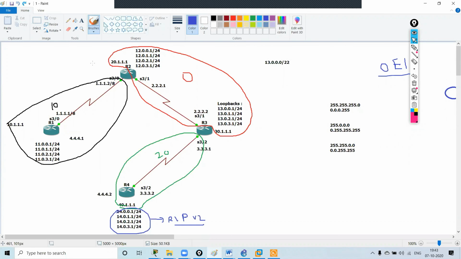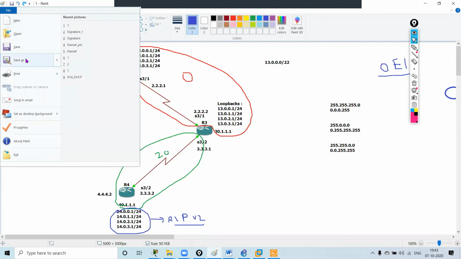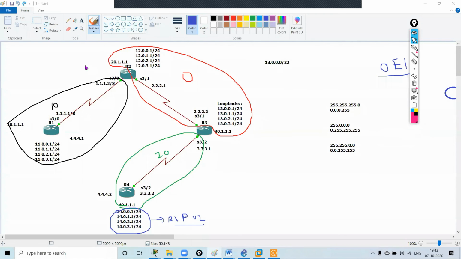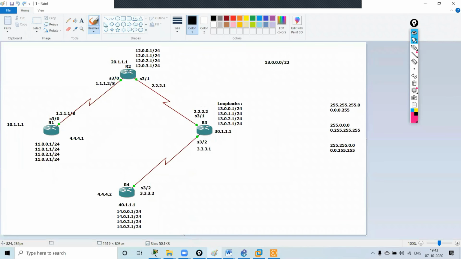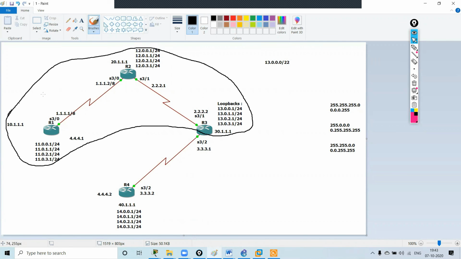So I have a task for you. I'll give you stub and totally stub task. Okay, I want all of you to do these things. This will be in area 10.